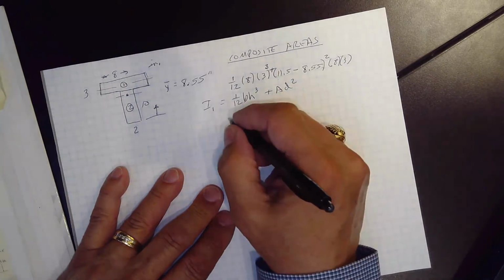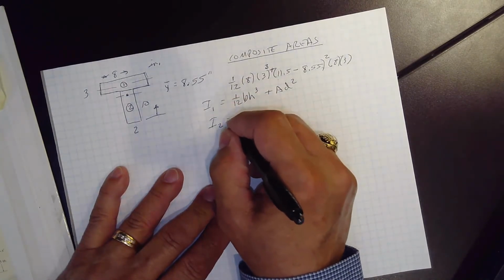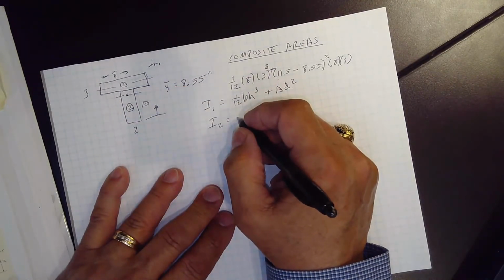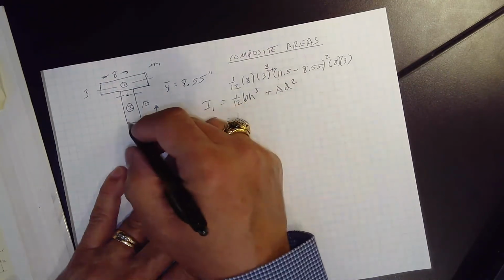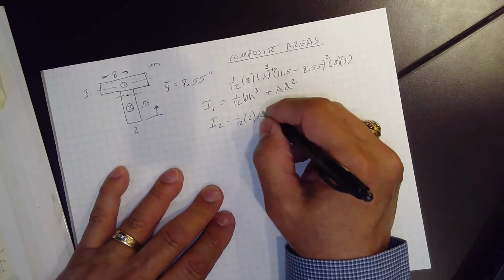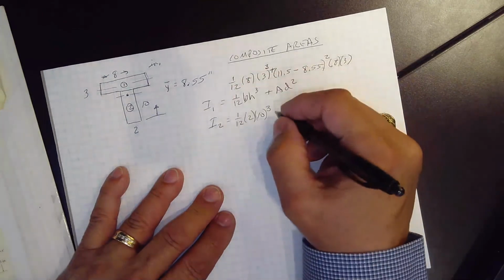Then we're also going to come up with I2, also moved to the centroid. So I2 is 1/12 the base, what's the base? 2, times the height, 10 cubed, plus AD squared.